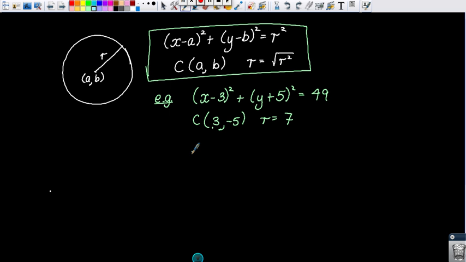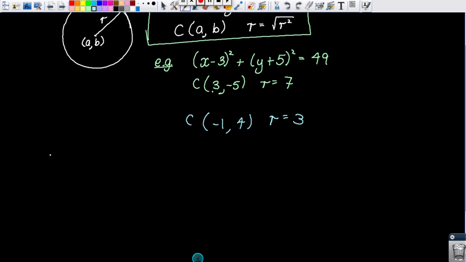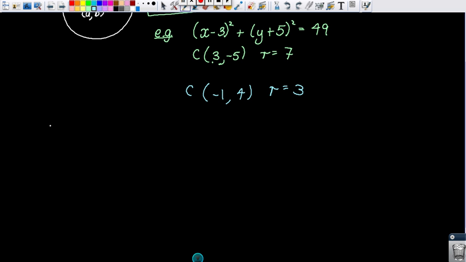You can go the other way. If I tell you the centre of a circle is -1, 4, and it has a radius of 3, you should then be able to tell me the equation of a circle. What would that be? Yep.